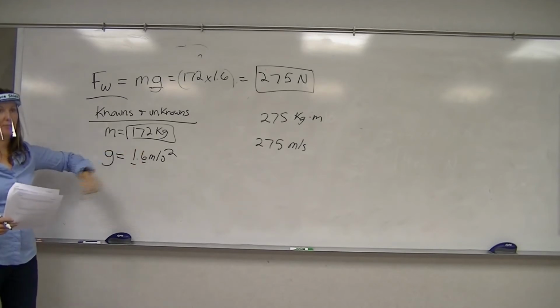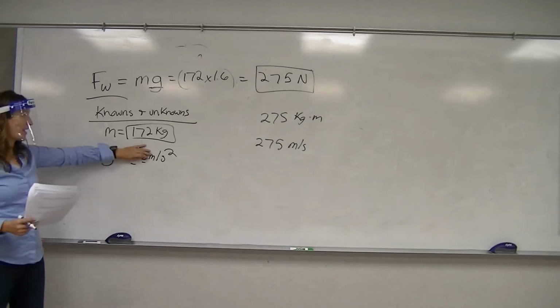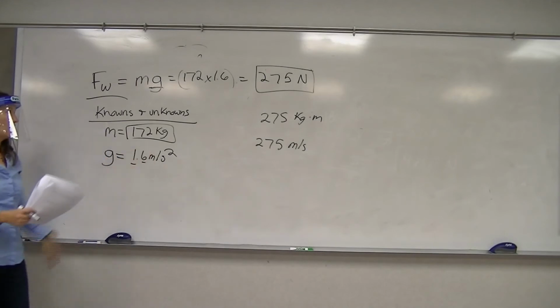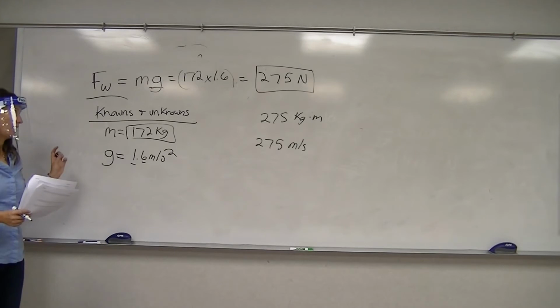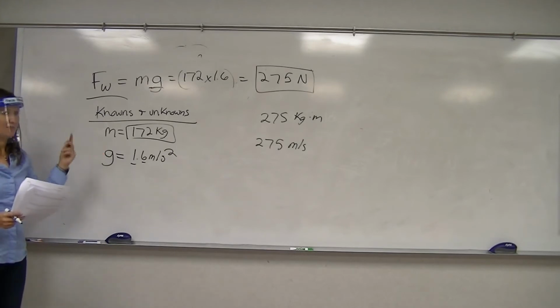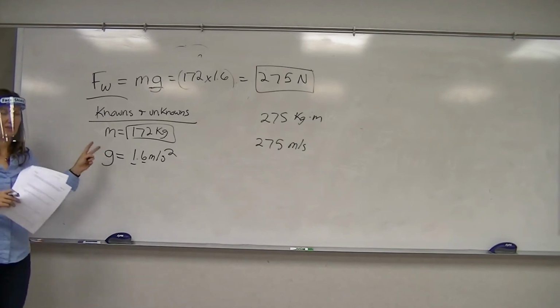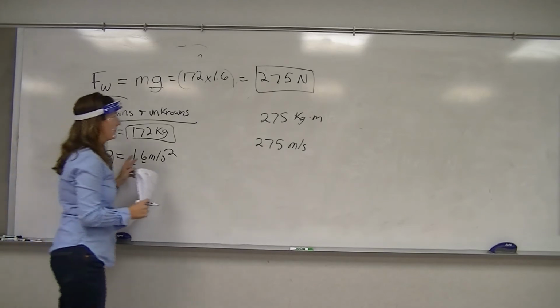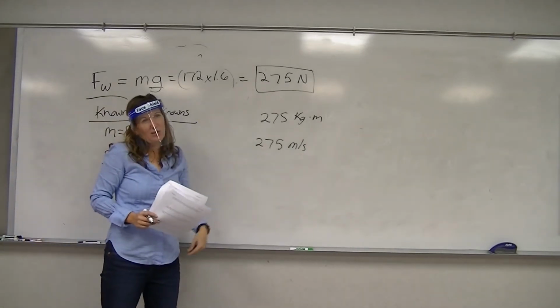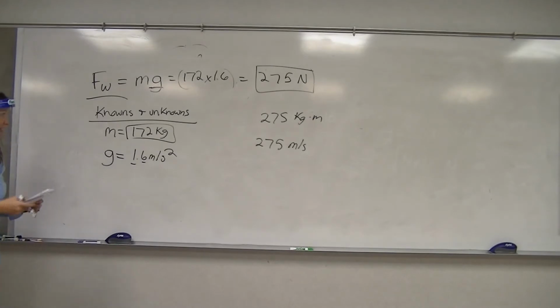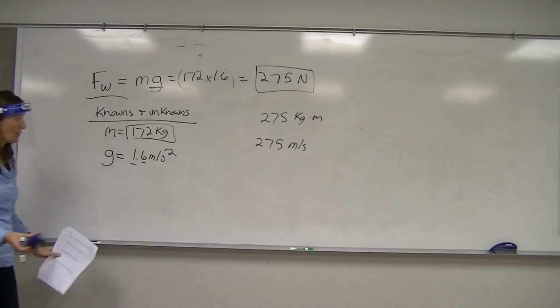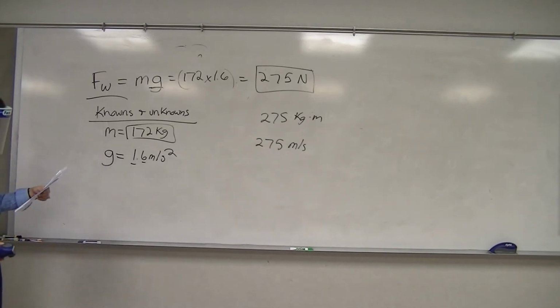This was an exact number from the equation sheet. So that's why I kept it at 3. But I wouldn't count that wrong if you wrote it out and gave me 2 sig figs, because I know that's a confusing concept. But on the exam, I'll most likely give you 3, just so you know why. And sometimes I make a mistake and only do 2 too, because I get caught up in the knowns and unknowns. So it's a mistake that I make as well, which is why I wouldn't count someone off if they did the same thing.